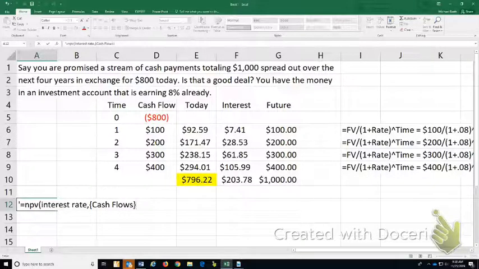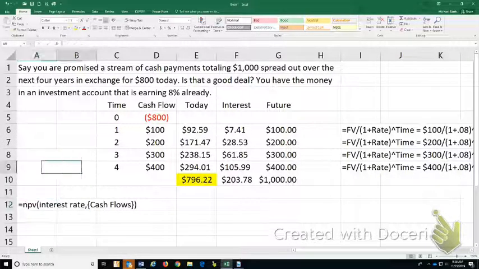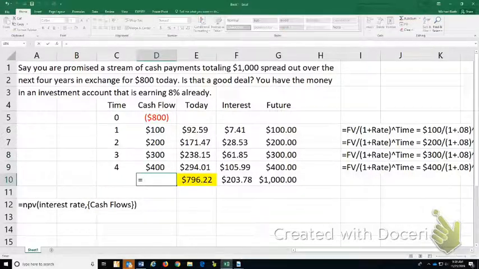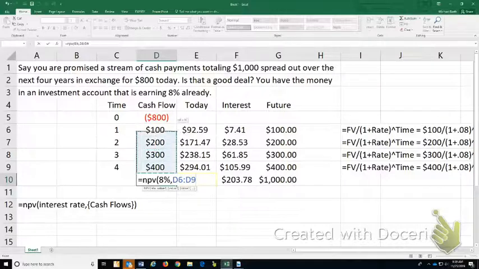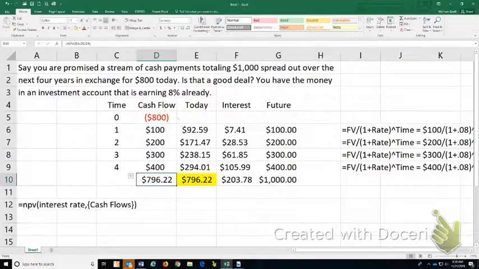And as long as they're next to one another in a spreadsheet, then it's fairly simple to just do equals NPV open parens 0.08, 8% the interest rate. You can also type in 8% and then cover up the cash flows. So that $1,000 received over 4 years is worth $796.22.